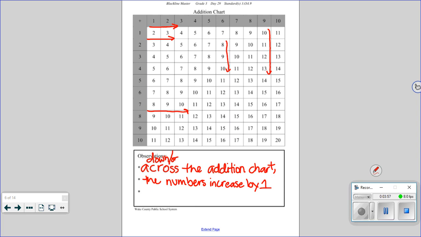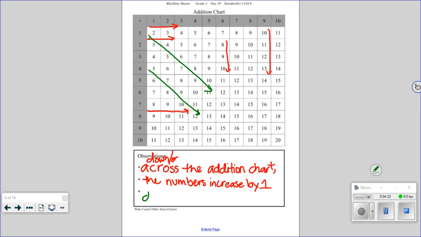So you might have noticed that if we start going diagonal through the addition chart, my numbers are then skip counting, or going up by 2s. So I have 2, 4, 6, 8. Or if I start here, 5, 7, 9, 11. The difference between those two numbers as I'm going across increases by 2.